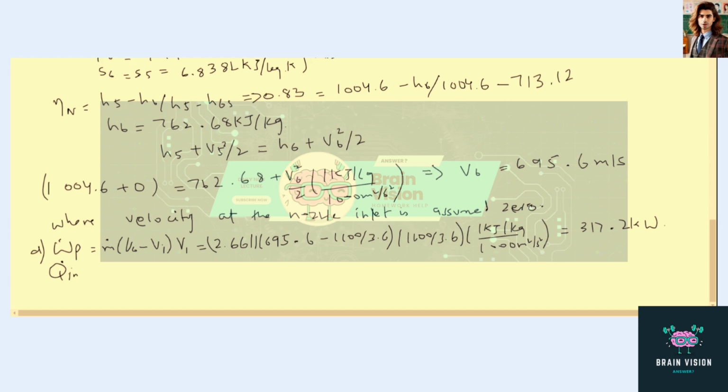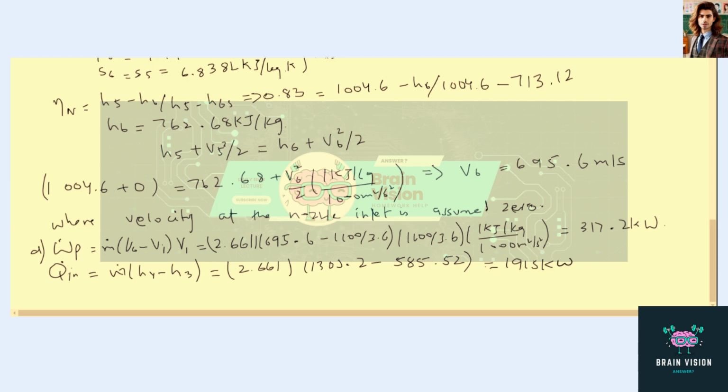Now heat added is equal to m dot into H4 minus H3, which is 2.661 into 1305.2 minus 585.52. The answer would be 1915 kilowatt.